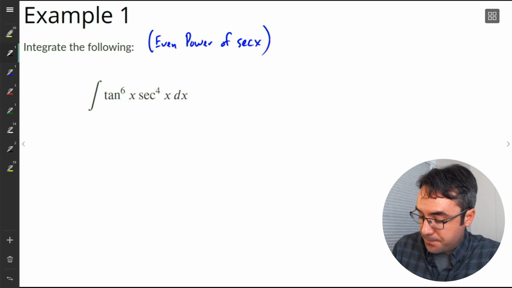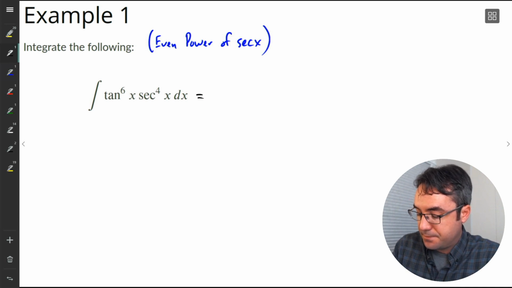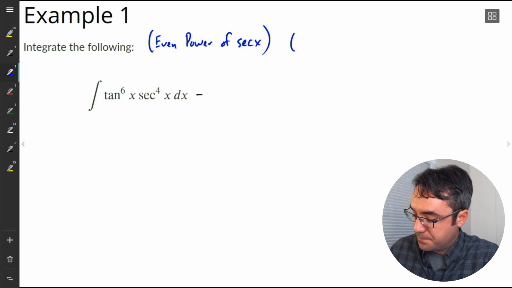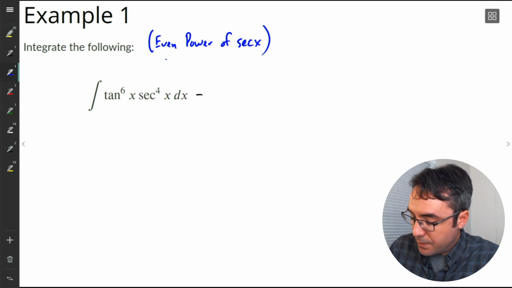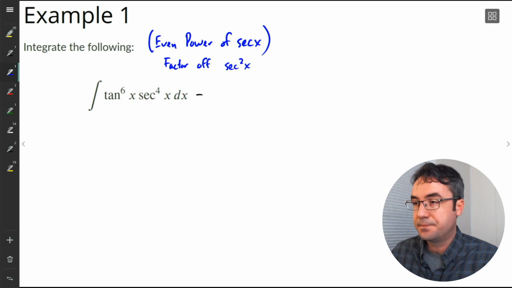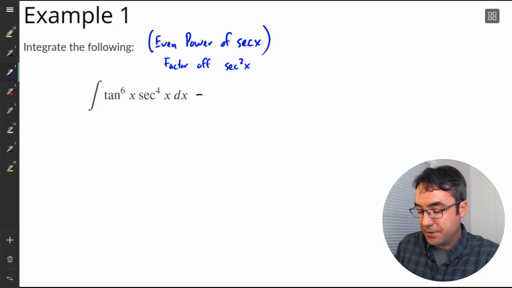So what we can do is we can factor off a secant squared. That's the good thing about having an even power of secant, is we can factor off a secant squared. So let's actually do that.